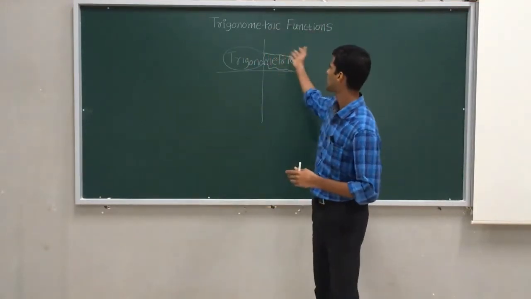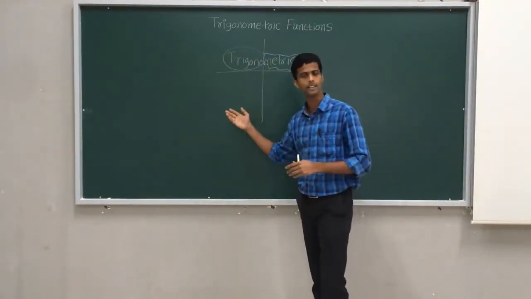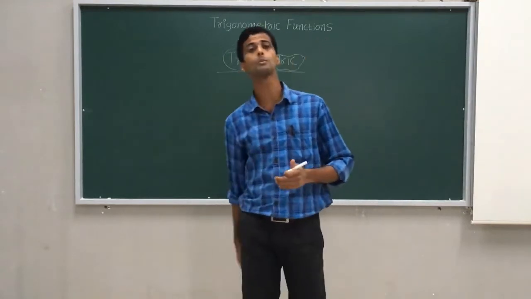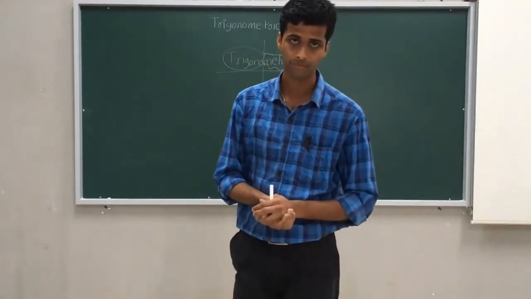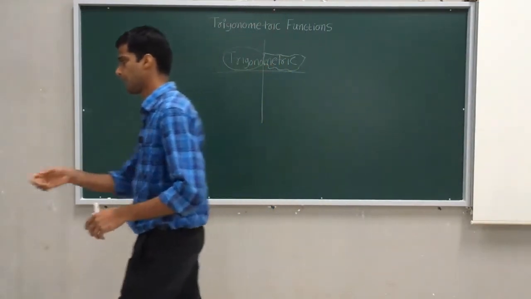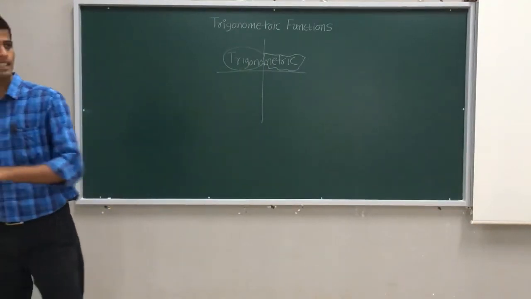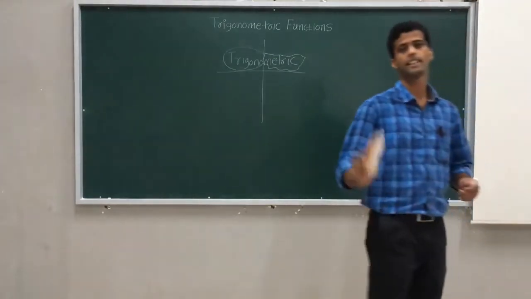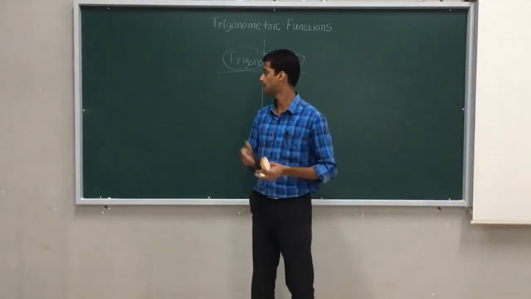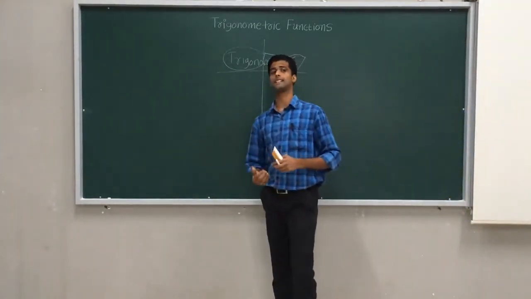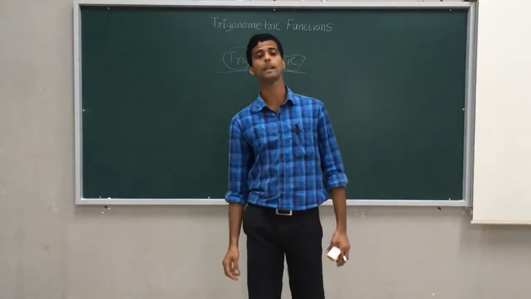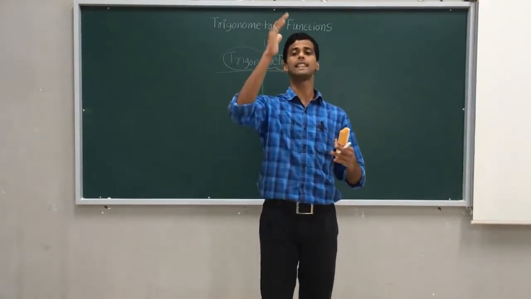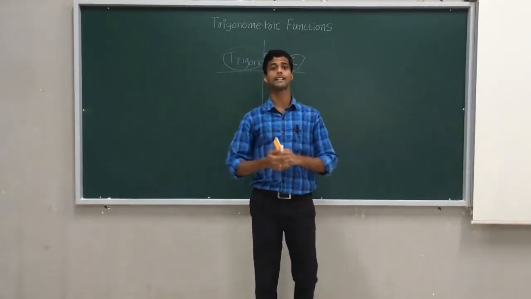Okay, I told you what is trigonometry, right? So let me begin with what do you mean by angle? I guess you have studied angles many times. You have heard of the 30-degree angle, the 60-degree angle. The sum of angles in a triangle is 180 degrees. Why is it like this?